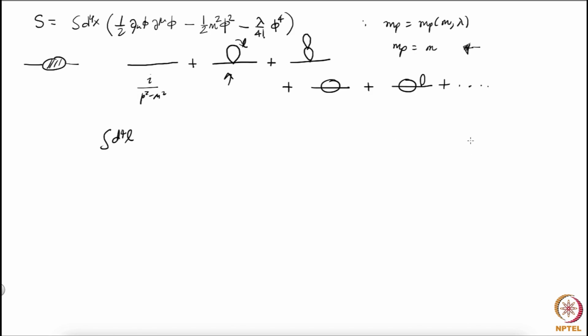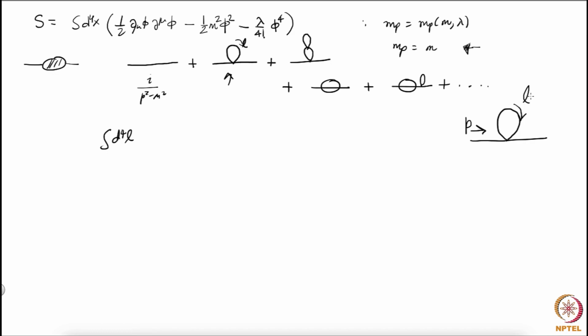Let me draw this clearly. I assign the momentum this way. External momentum P is entering. But you see at this point when it enters, okay, there is no external momentum that enters into this propagator, right?